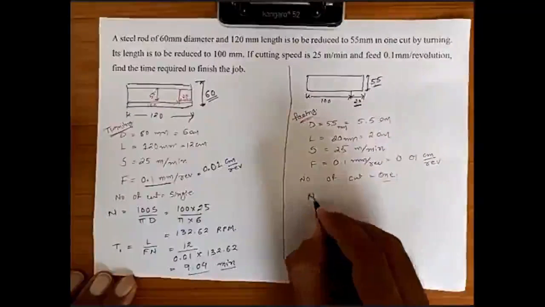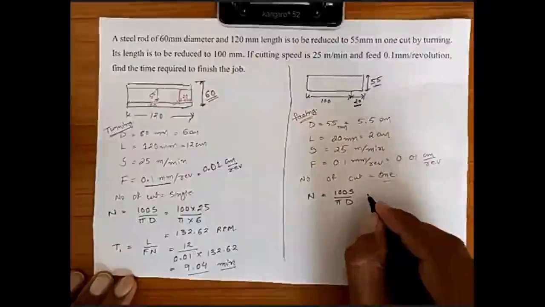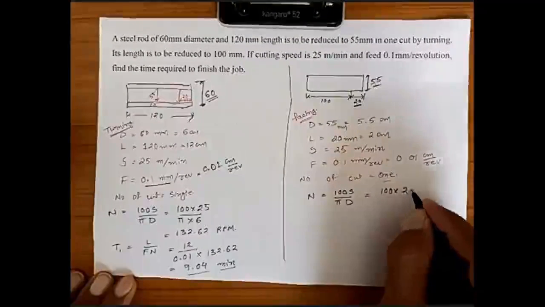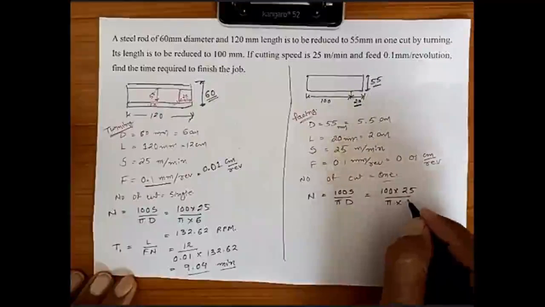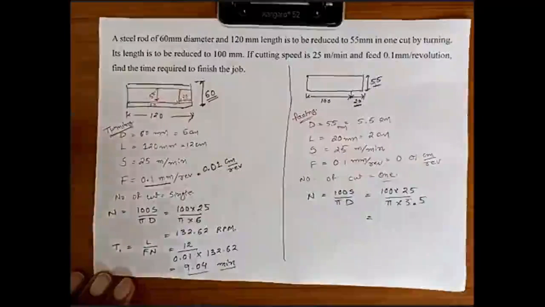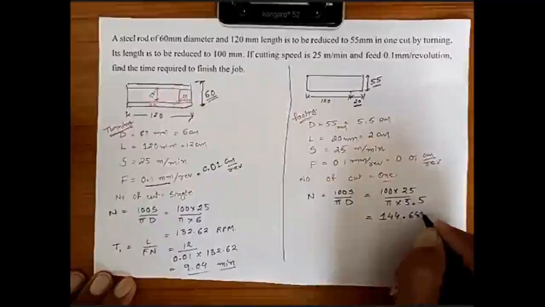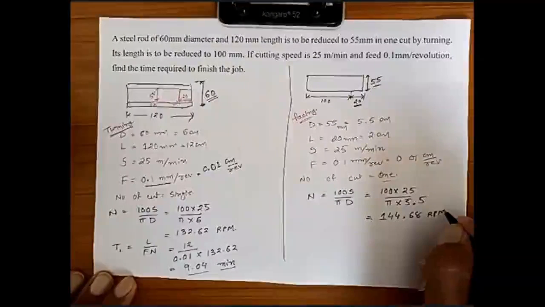So RPM N is equal to 100S upon pi D, 100 into 25 upon pi into 5.5. Answer is 144.68 RPM.